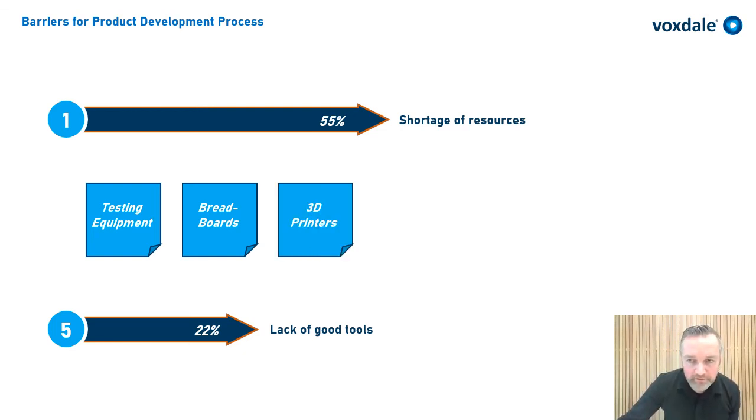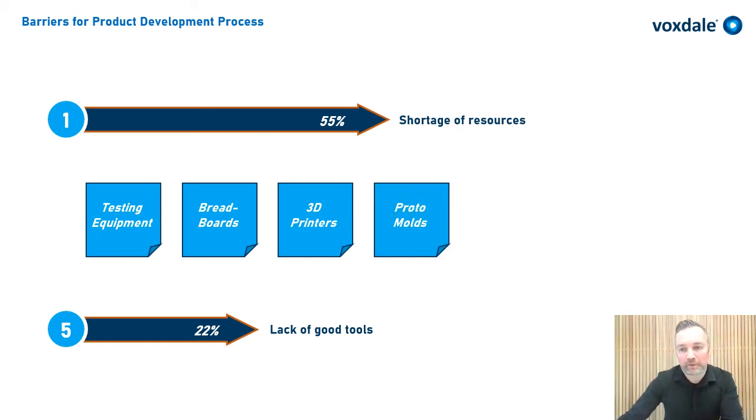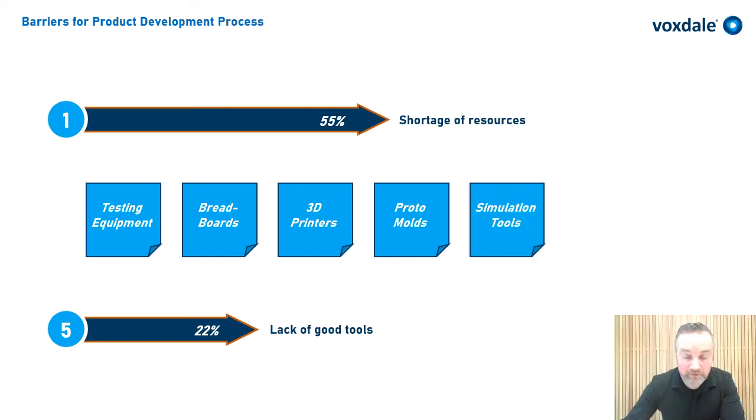They are so affordable these days. Prototype molds to get the real materials and polymers tested. And of course, simulation tools, structural analysis, thermal management, microfluidics. All focused heavily on testing and verification in that creative, innovative phase.